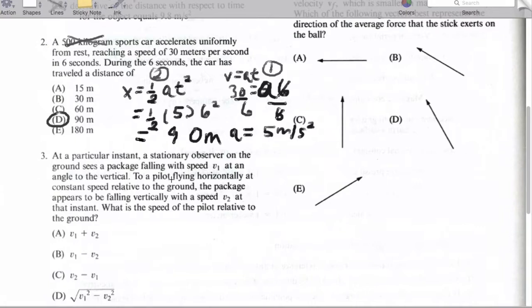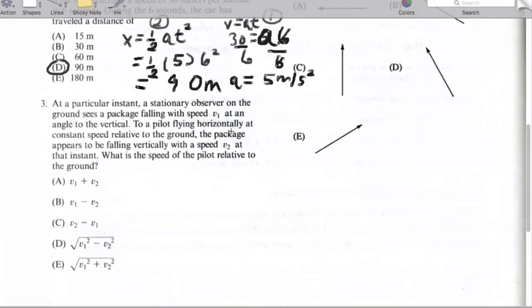So this is an interesting one because it's actually pure vector summation. So what we're seeing is this. A stationary observer sees a package falling with a speed v1 at an angle relative to the vertical. So here's the vertical, and we see this thing falling at a speed v1 like that, right?